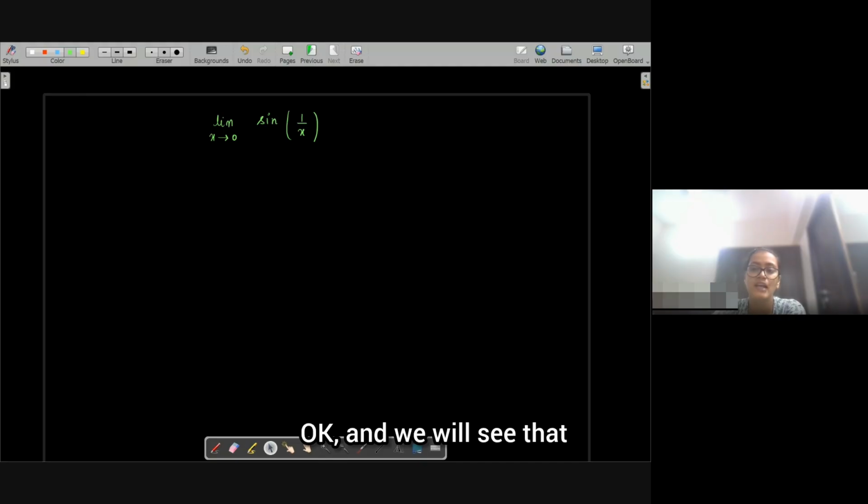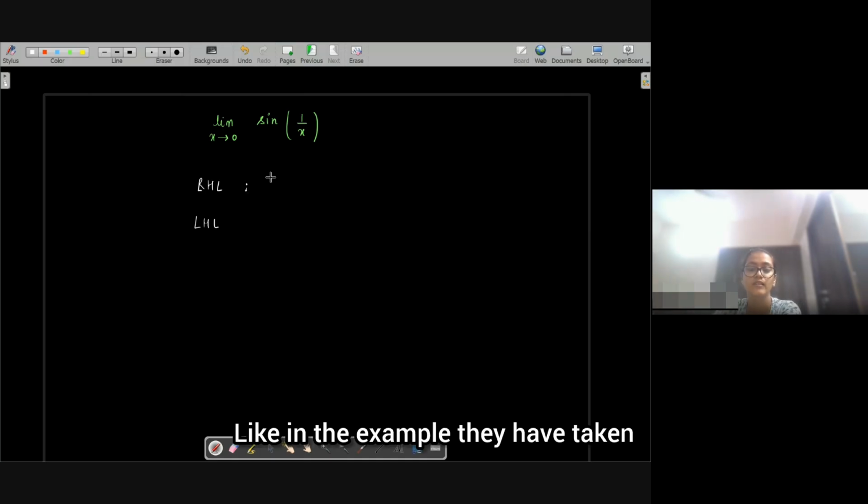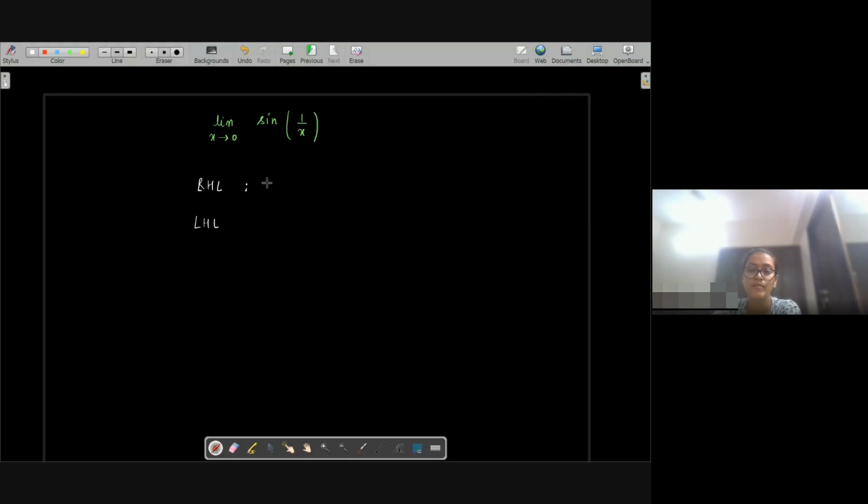We will see that the right hand limit and the left hand limit will not be the same. So we can take, like in the example they have taken, just one number, 2 over 5 pi, from the right side, and from the left side, negative 2 over 5 pi.